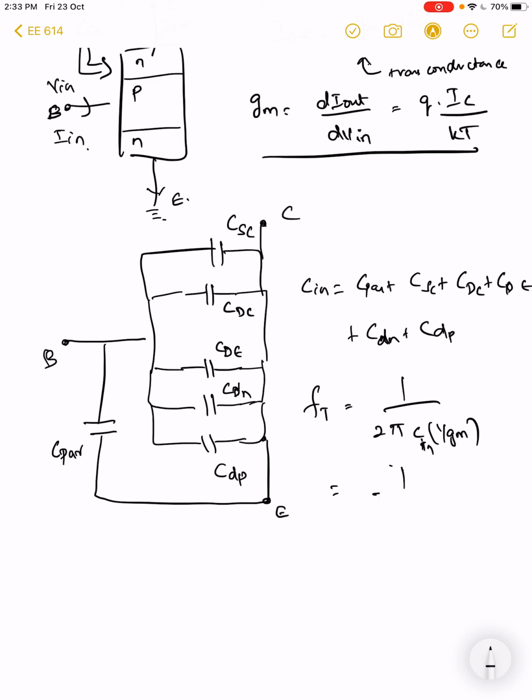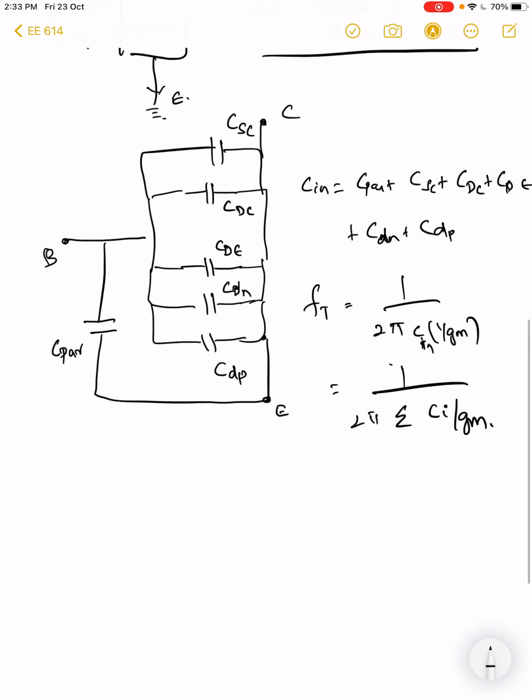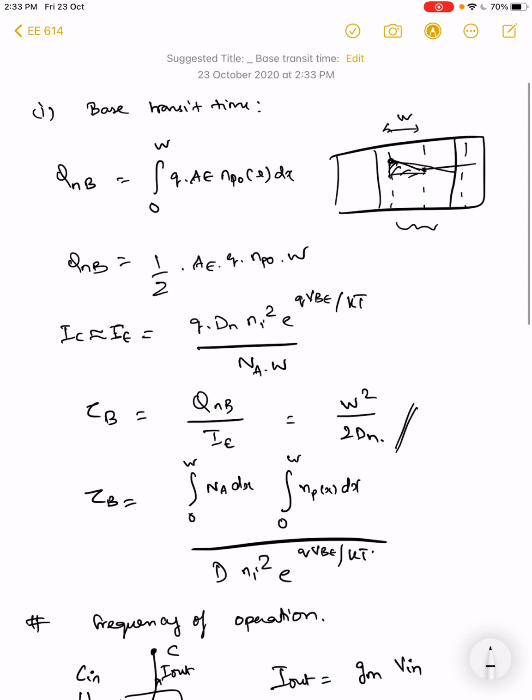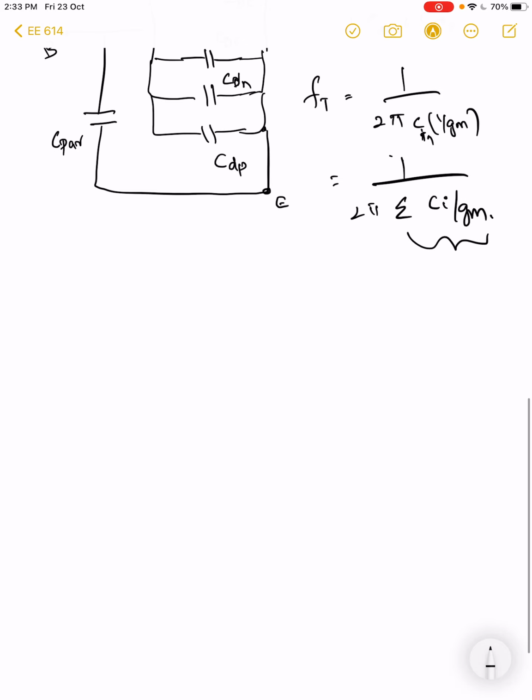So we will have 1 by 2 pi, the summation of the individual capacitances by Gm. This plays the role of the time taken to transfer, the base transit time. So basically this is what it defines.